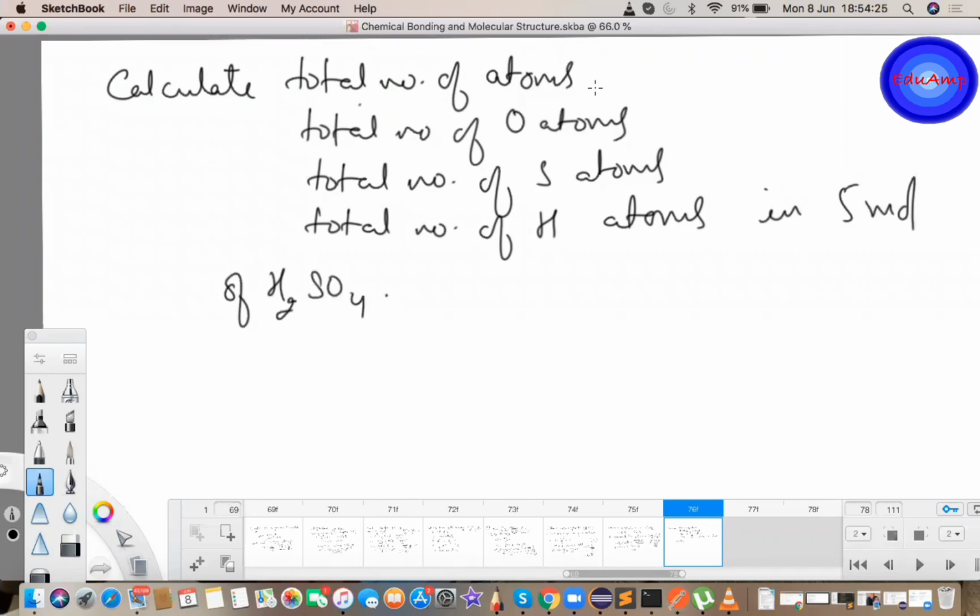You have to calculate total number of atoms, total number of oxygen atoms, total number of sulfur atoms, and total number of hydrogen atoms in 5 mole of H2SO4.